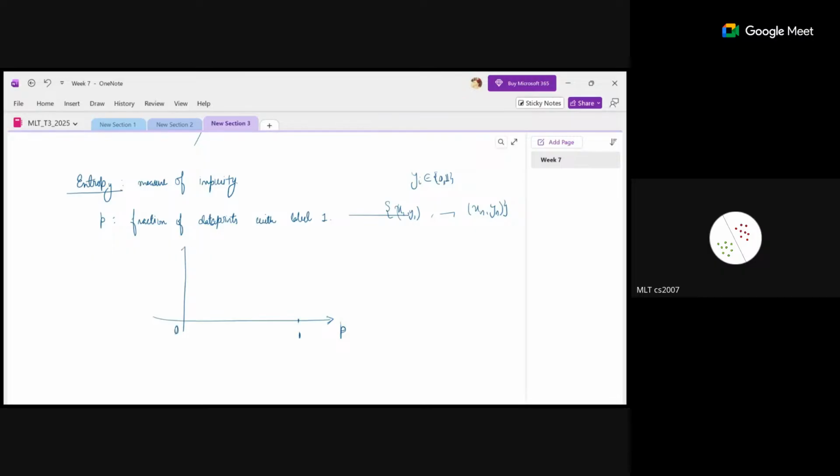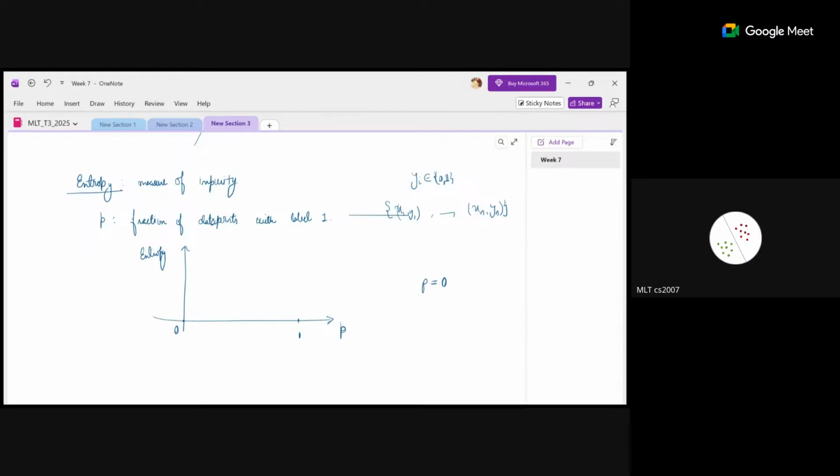Okay. And if I have to plot the entropy with respect to p, then what do we want? We would want that if the fraction of data points with label 1 is 0, so if p is 0, it means there are no data points with label 1 basically, right?